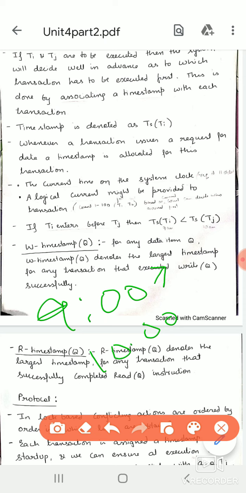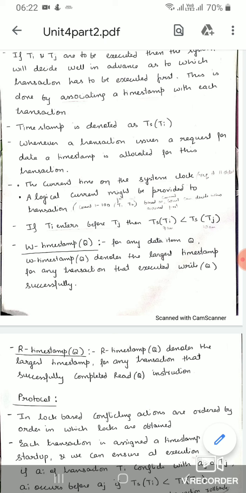After some more time, you have continued counting till 100, and in the middle, at 70 something, the second instruction has arrived. So 70 will be the time slot for transaction T2. In this way, the timestamp can be associated with the transaction. One is based on the system clock, and another one is the logical count.